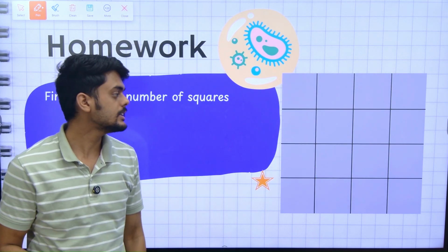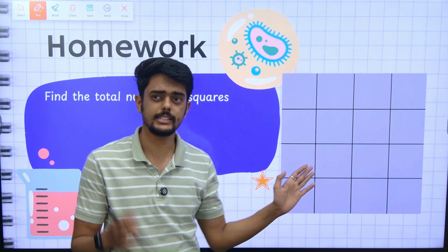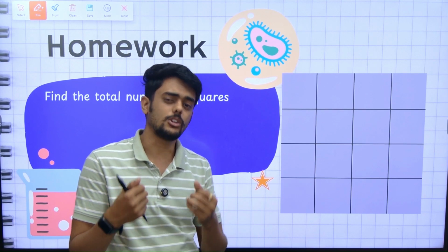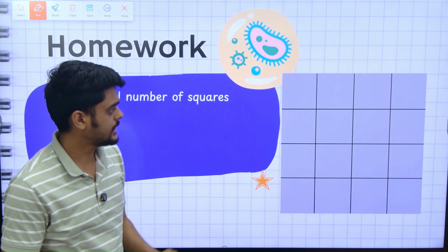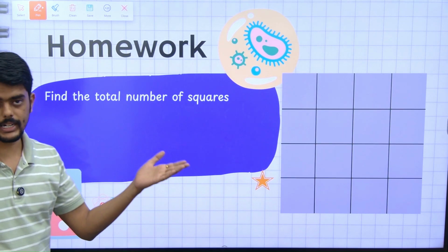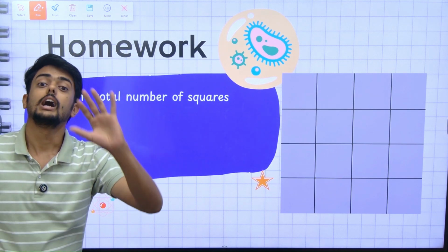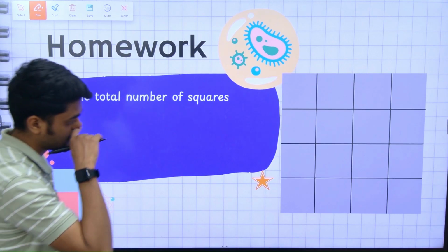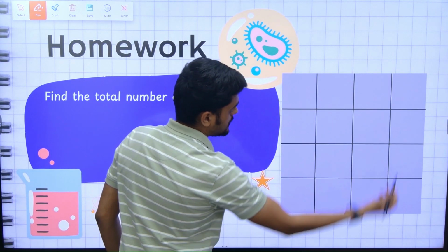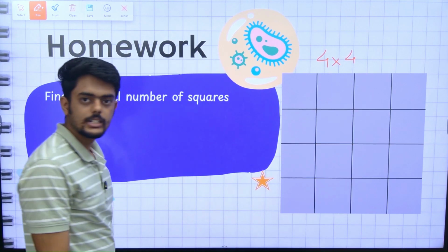You can see over here that we have a number of squares. You might have got your answer as 16, 17 or whatever. Now let me tell you what the question states. It is an Olympiad level question and you need to find the total number of squares. How to calculate the total number of squares? See, what type of square is it? It is a 4 cross 4 grid square.